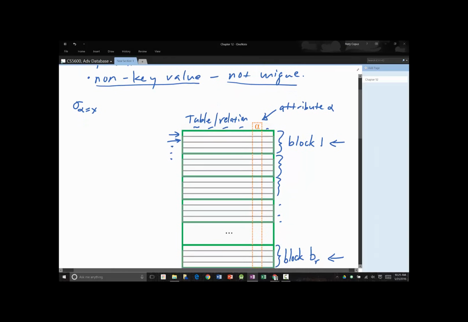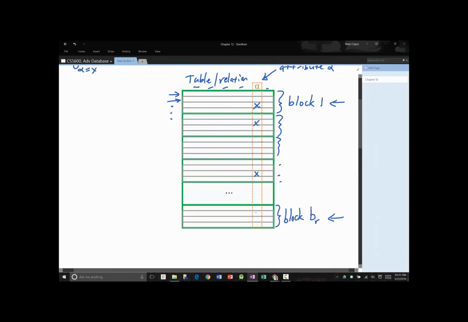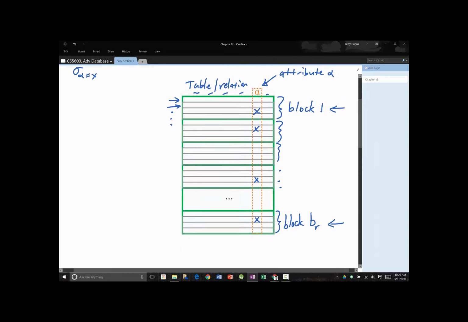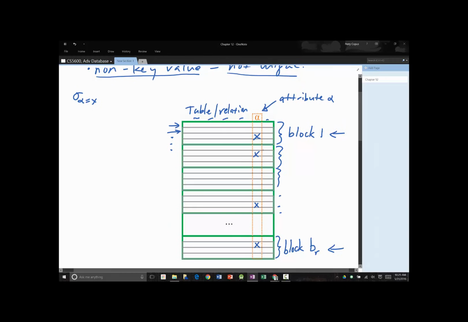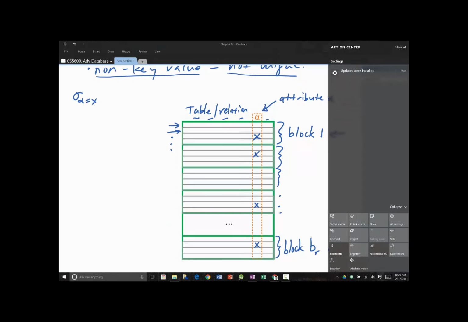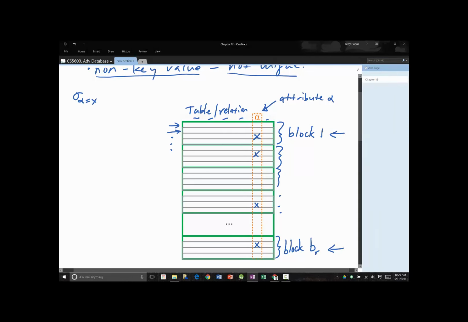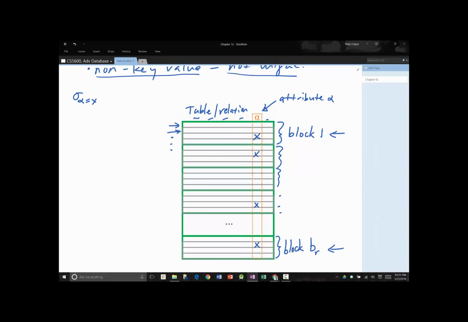What that means is maybe I have x here, maybe there's another one here, and maybe even in the last block I have another one. So in other words, there are tuples scattered throughout this table where alpha equals x. And so what is the cost of this query?